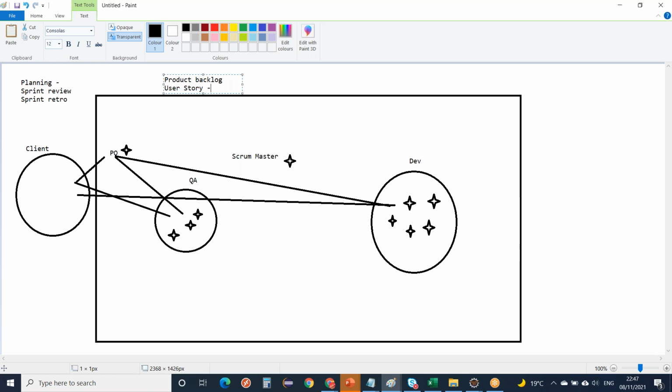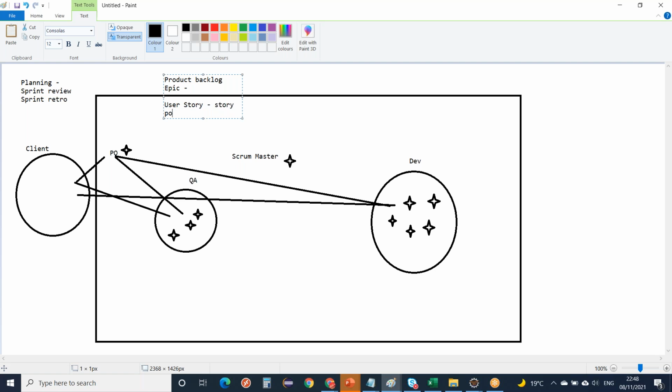So the product backlog is divided into user stories. Your collection of user stories is nothing but a backlog, and all user stories come under this epic. So epic is the root of your user stories. Epic is divided into user stories. Each user story will have story points, based on how complex it is.